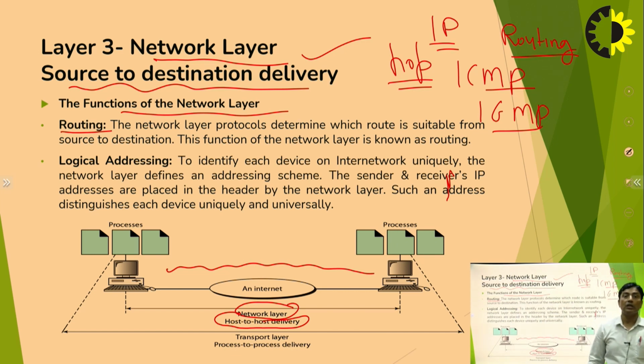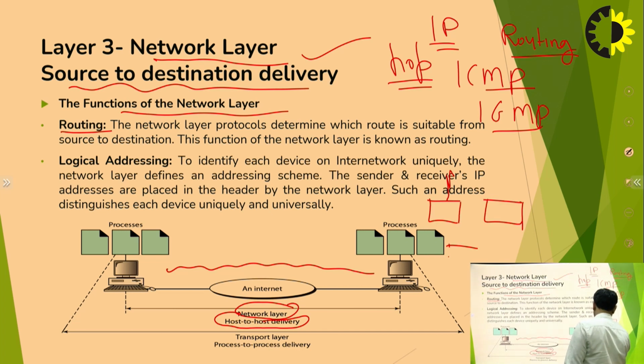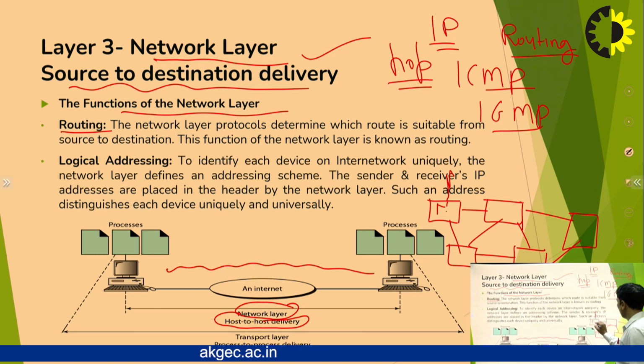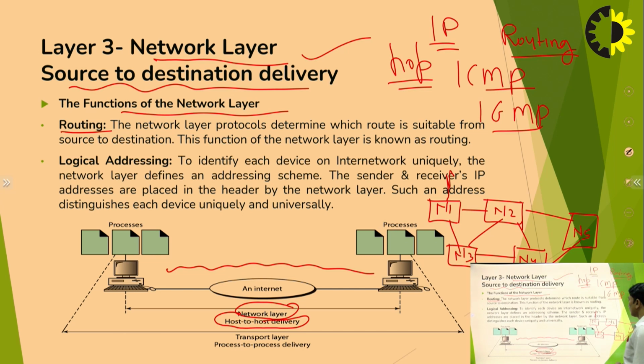Routing means deciding the route from source to destination, because we are talking about a computer network, which you can assume as a graph. That means a number of systems are interconnected, like this example. This is node N1, this is N2, N3, N4, and this is N5.